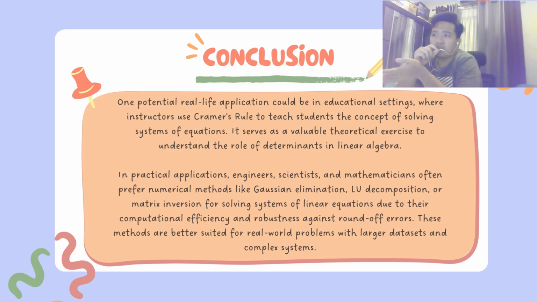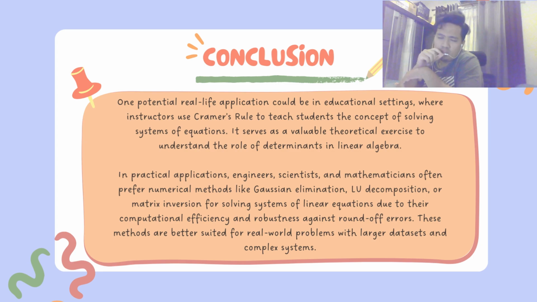Thus, in practical application, engineers, scientists, and of course we cannot forget mathematicians often prefer numerical methods like Gaussian elimination, LU decomposition, or matrix inversion for solving systems of linear equations due to their computational efficiency and robustness against round-off errors.